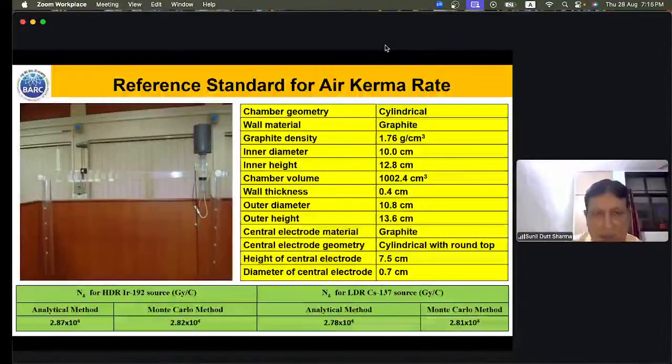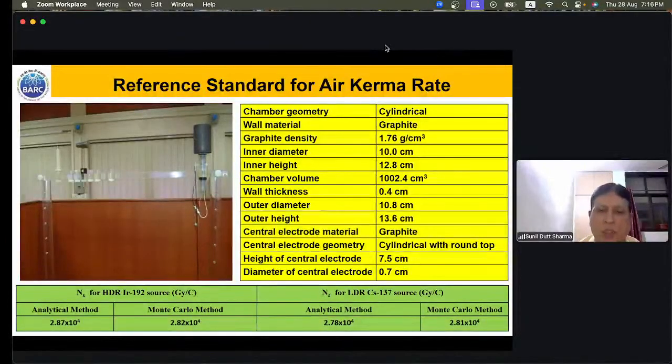Now, as I said, these recommendations are based on standards of air kerma rate. Now, the question is, what is the standard of air kerma rate? So, air kerma rate, we know that if we are using photon emitting brachytherapy sources, they transfer their energy to the medium, to the air, and they generate secondary electrons.